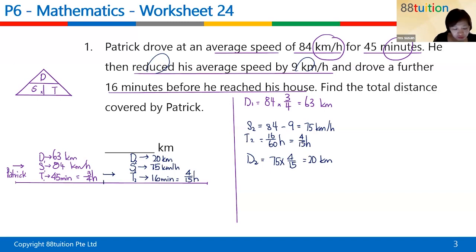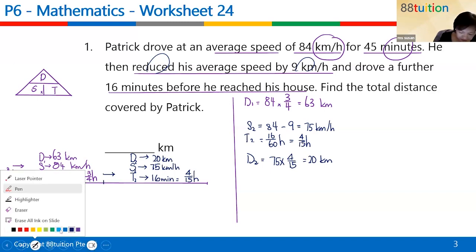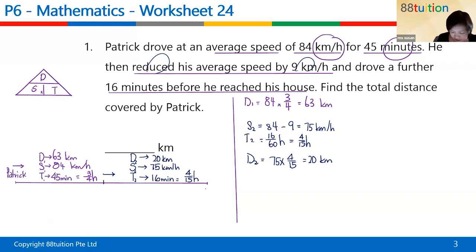Okay, so I have all the information already. For the final thing, what I can do is find the total distance from here to here. How can I find the total distance? Let's check. So the total distance here will be DT.